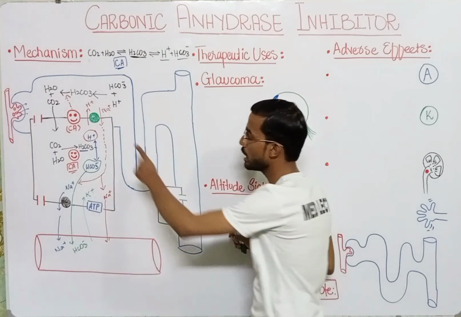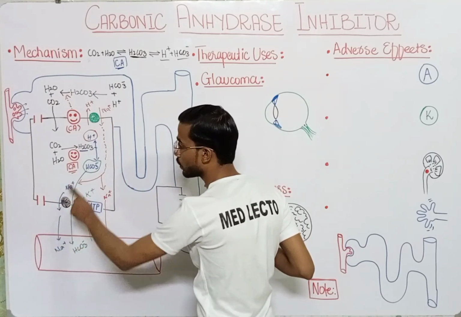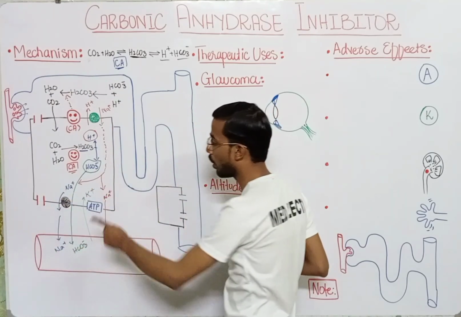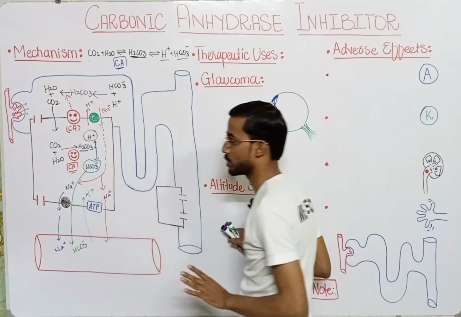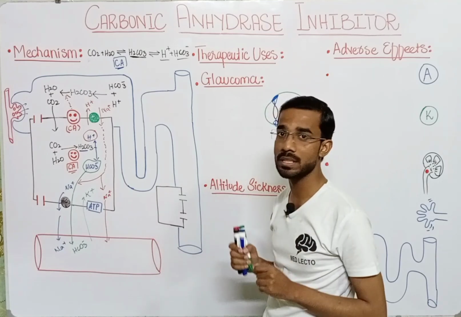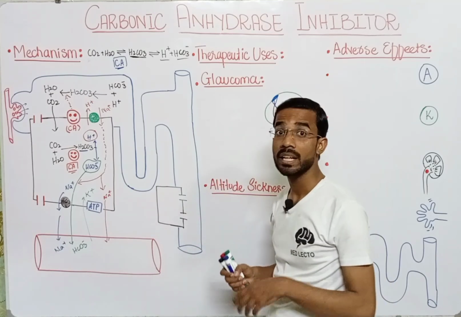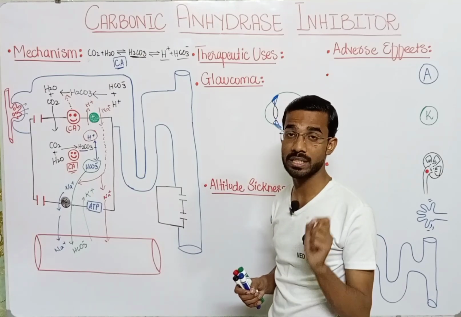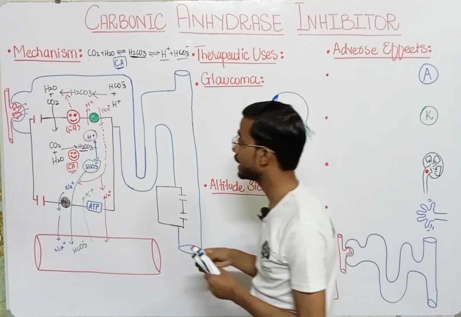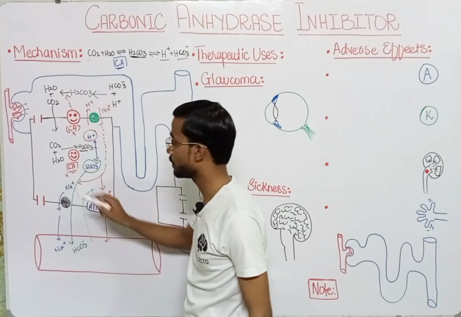So these are the two pathways of sodium. This is the normal process that happens in the proximal part. Carbonic anhydrase inhibitors affect these carbonic anhydrase enzymes.